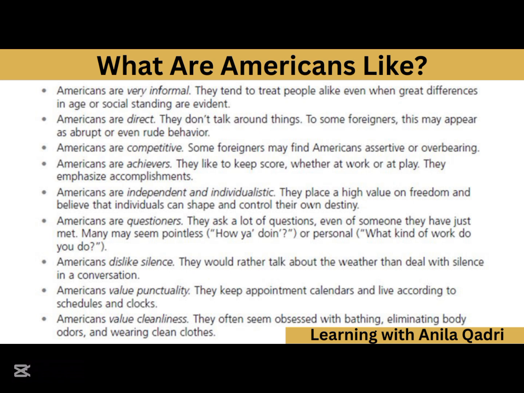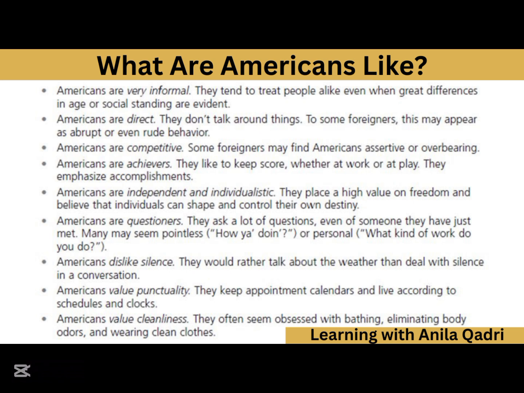Americans are independent and individualistic. They place a high value on freedom and believe that individuals can shape and control their own destiny. Americans are questioners. They ask a lot of questions, even of someone they have just met. Many may seem pointless, like "How you doing?" Or personal, like "What kind of work do you do?"